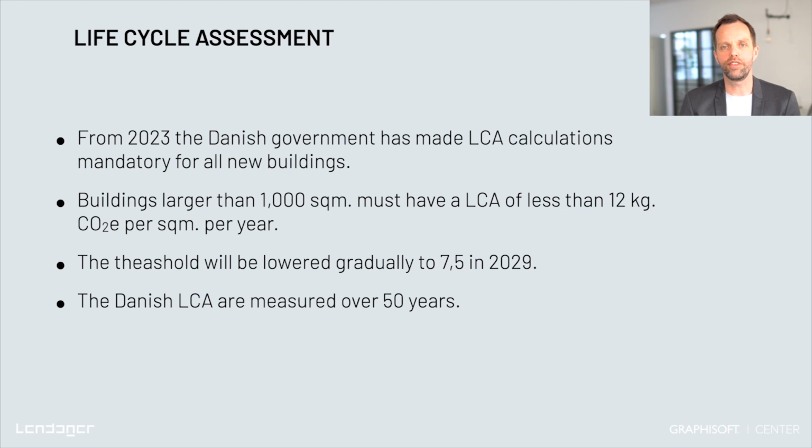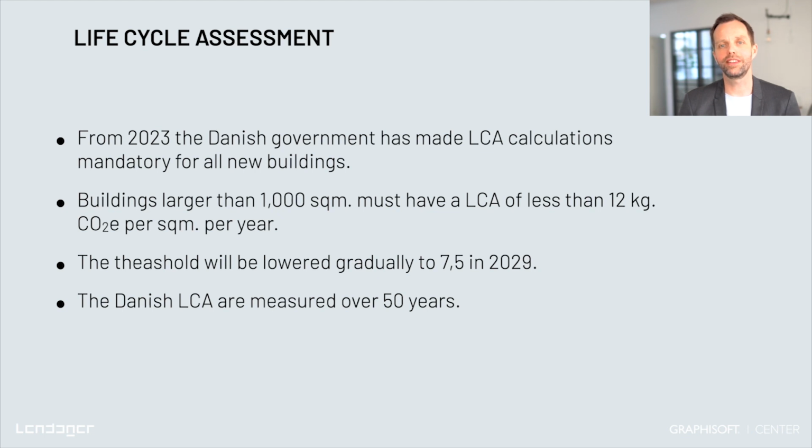In Denmark, we have had new demands from January 1st, 2023. Every new building must have an LCA calculation. If it's a small building, less than 1,000 square meters, it doesn't matter what the result of the LCA is. And if you have a building that's more than 1,000 square meters, you have to have an LCA that is less than 12 kilograms of CO2 per square meter per year.